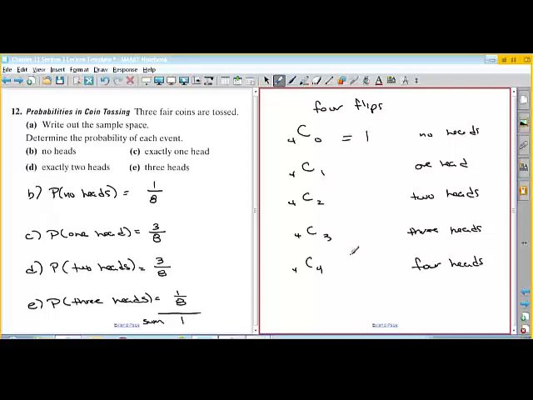Anything taken 0 at a time is 1. Anything taken the same number as the total is also 1. When you take something 1 at a time, it's always 4. And since this is symmetric, we know this is also 4.